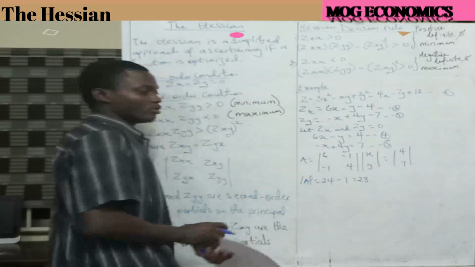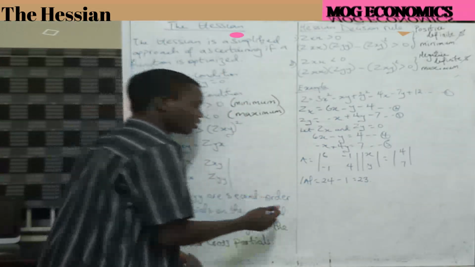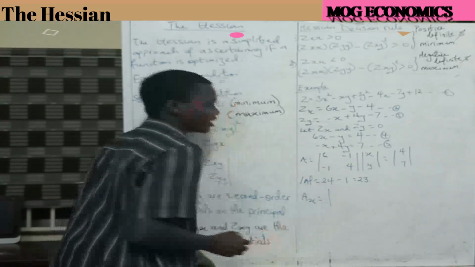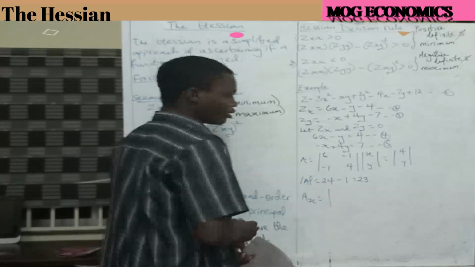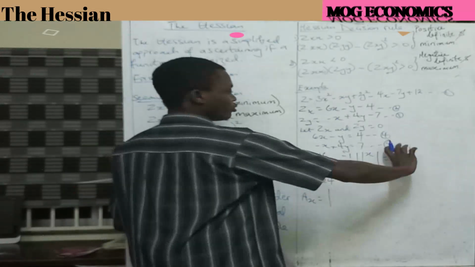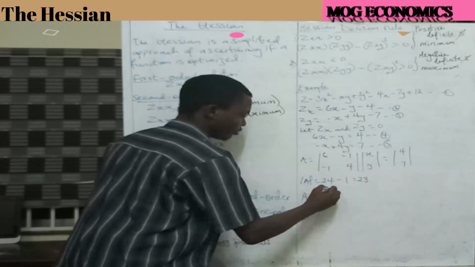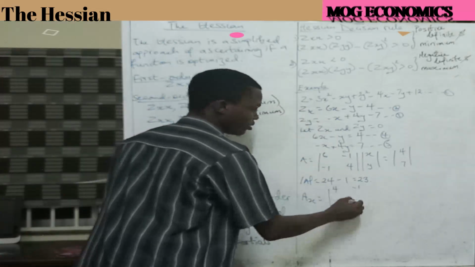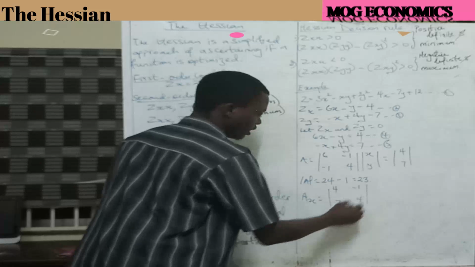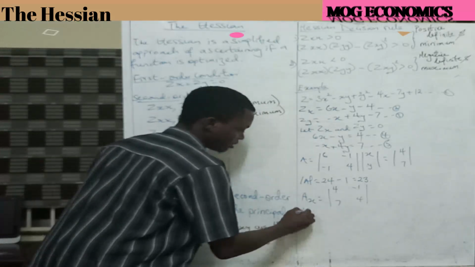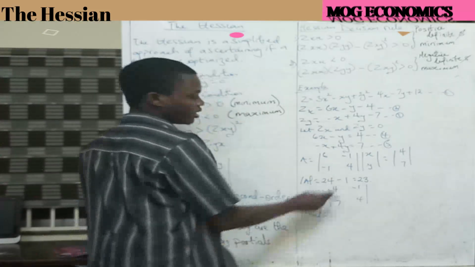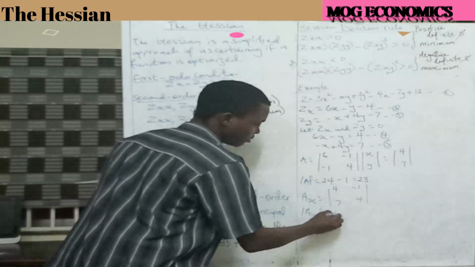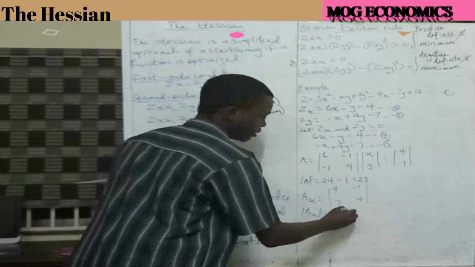All right, now we need to look for something else. I'll call my new matrix AX, because I'm trying to look for X. So I replace this column with the constants here. So I have 4, minus 1, 4. Like I said, this is Cramer's rule, so it's not a big deal. The determinant of AX is going to be 4 times 4, that's 16, minus 7 times minus 1, plus 7.